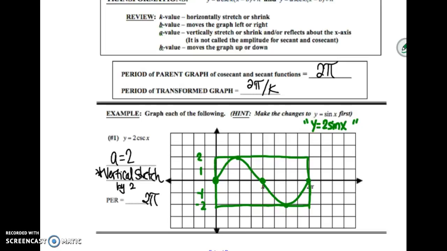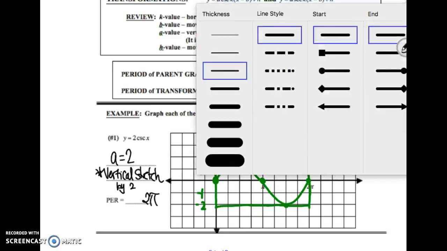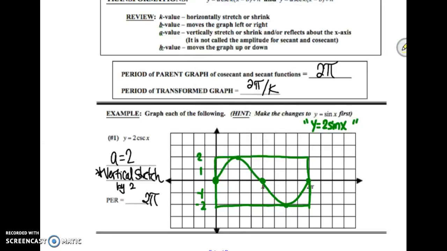Okay, so that represents y equals 2 sine of x. Now I know I want to make the reciprocal of that. I'm going to start by sketching in my asymptotes. My asymptotes are going to be where sine is at 0. So at the start and the center and at the end of my period.